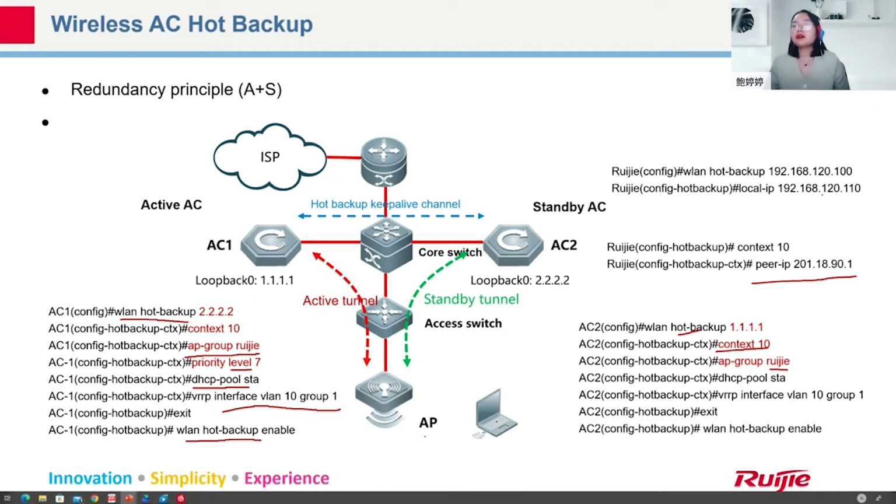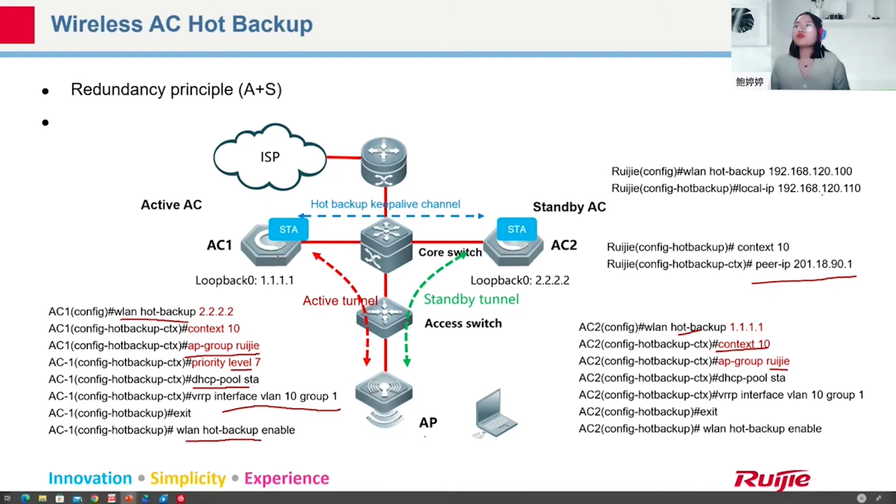Now when the client connects to the AP, the client information will be in the AC, right? In AC1, because it records every client's information from the AP. Then AC1 will synchronize the station information to AC2, and also synchronize the information for the AP.